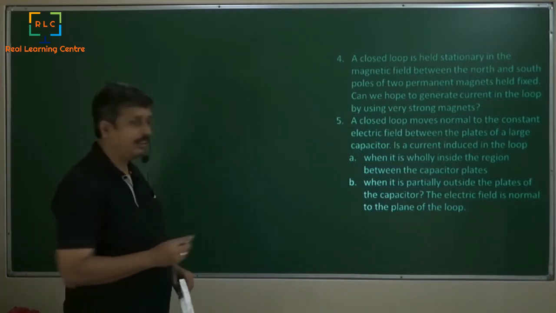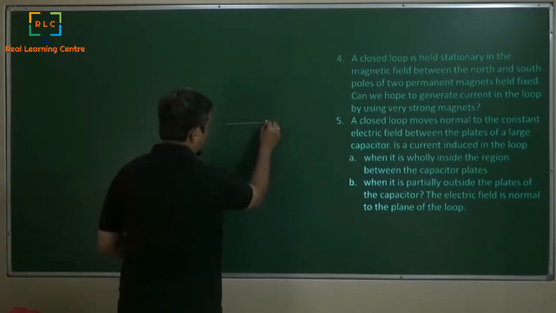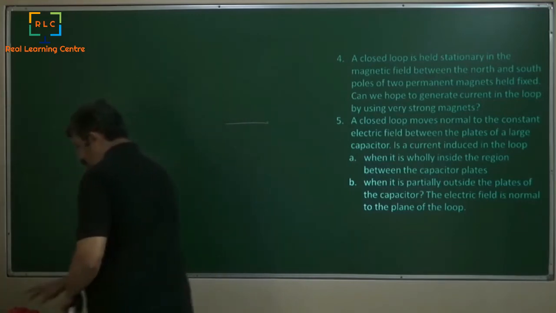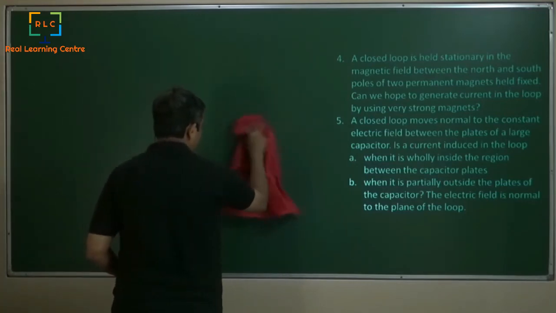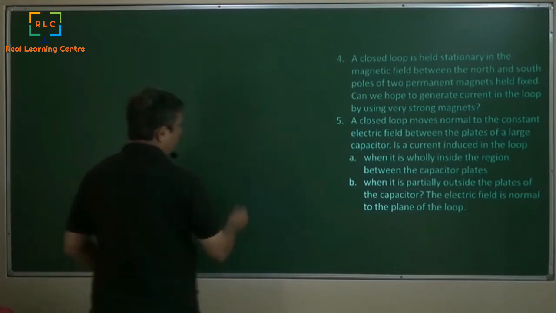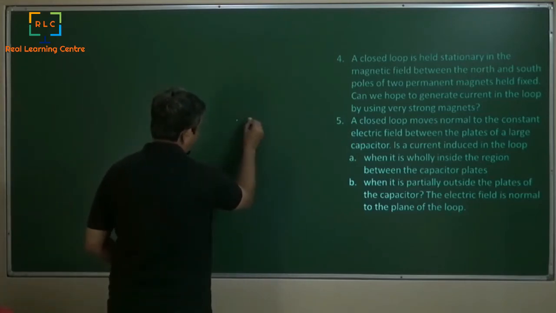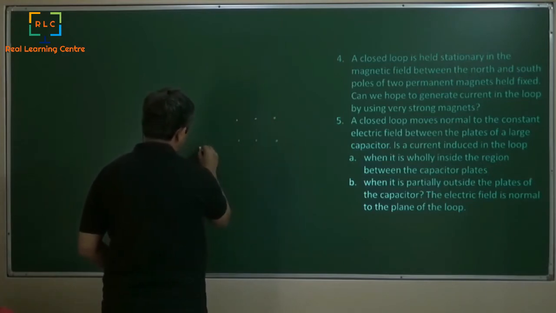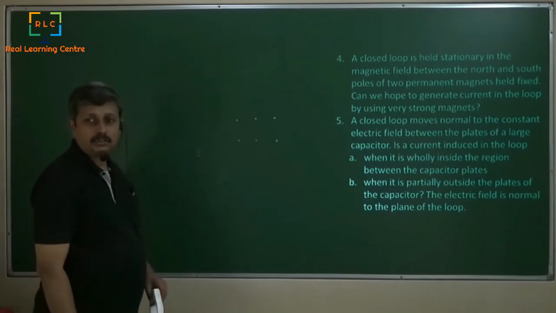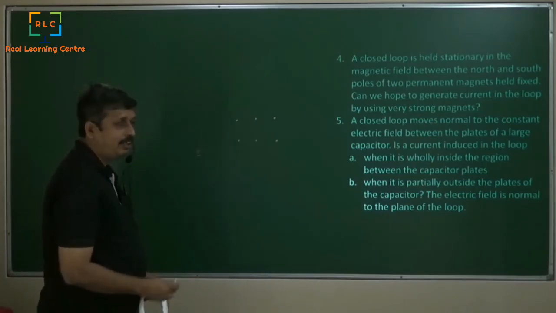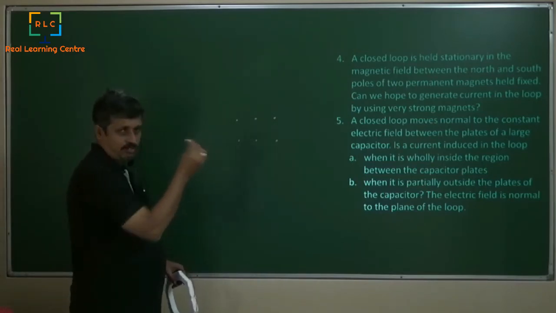So there is an electric field. I'm going to write the electric field here like this, with dots, not magnetic field. Remember, this is the electric field. What is the meaning of the dots? The electric field is in this direction.